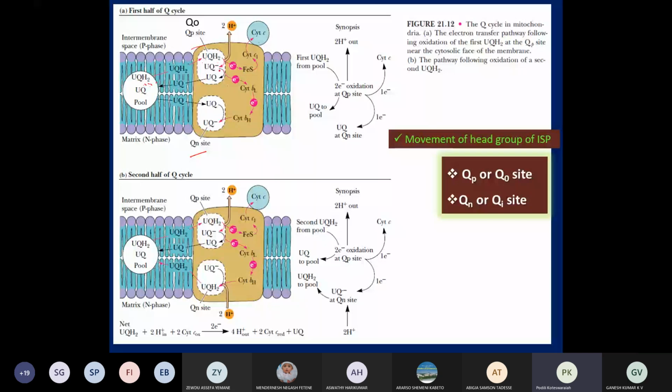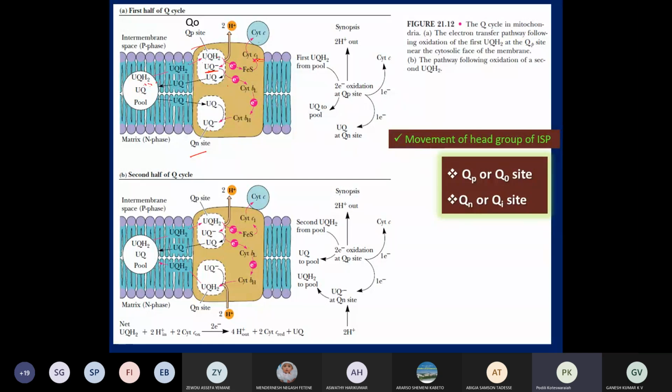That means when the ubiquinol undergoes one electron oxidation, it becomes a semiquinone, and this electron is transferred to the iron sulfur cluster in the ISP subunit, and then further to cytochrome C1.